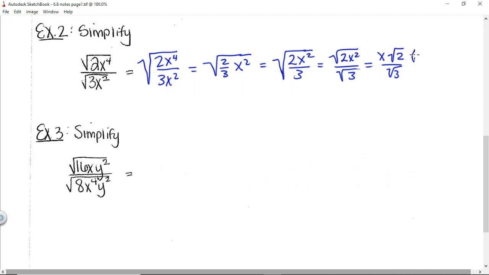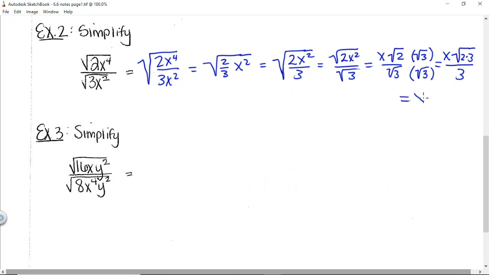We don't need to write the dot for times. Okay, so the numerator, we just combine. We have the x still there on the outside, and we have 2 times 3 on the inside. Then the denominator, we have square root of 3 times the square root of 3. That's 3. We've done what we needed to do.